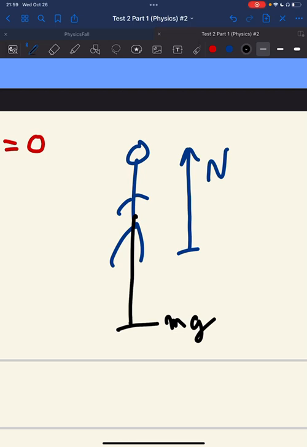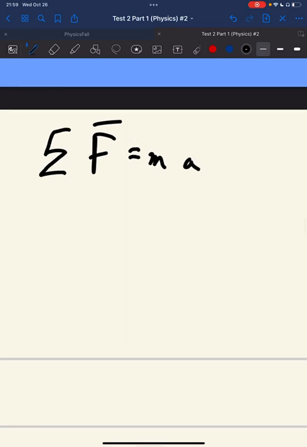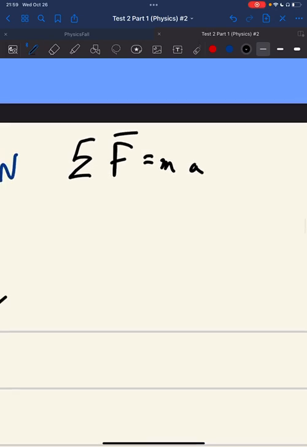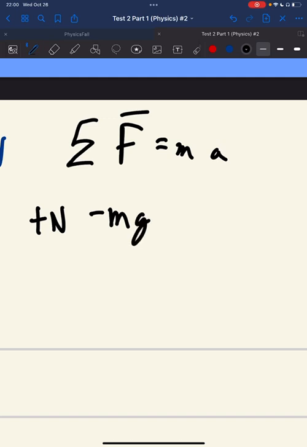And we're going to do the sum of the forces equals the mass times acceleration. So at the end of this, what I'm trying to say is that the positive newtons minus the mg is the m_p times a_p.